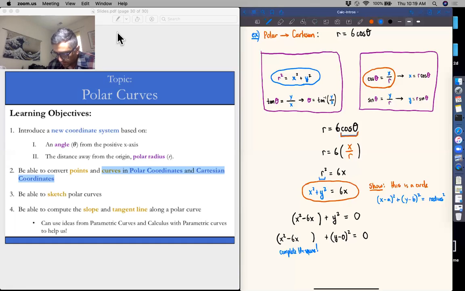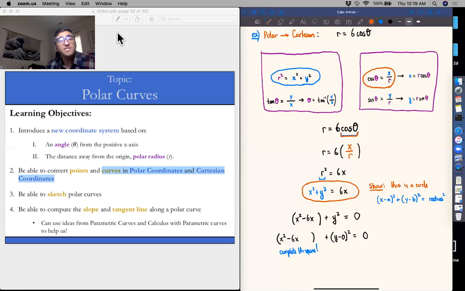What that entails is adding or subtracting a number to both sides so we can reduce that to x plus or minus some number, quantity squared. In this case, we have this minus 6x.